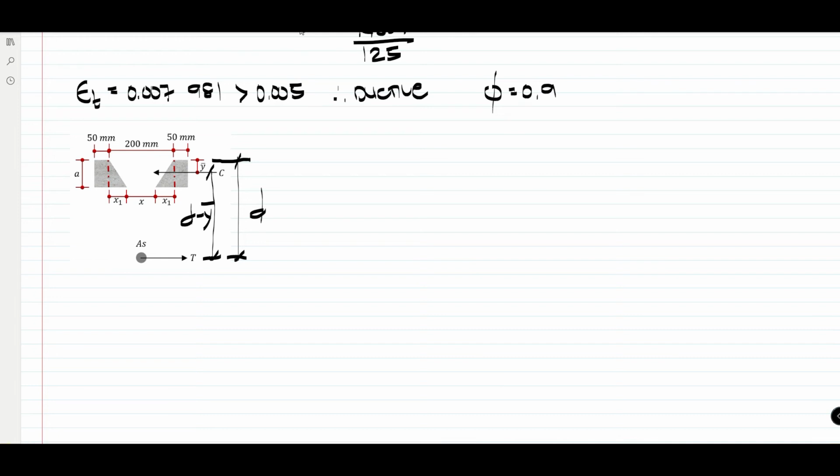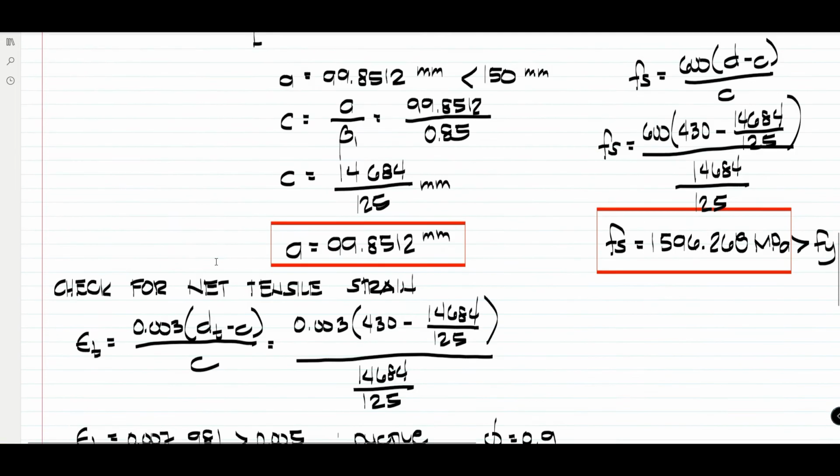kailangan muna nating mahanap yung mga values kagaya ng x at yung x sub 1 dito sa dalawang side. Kasi, hinati na natin ito sa triangle tsaka rectangle. So, yun yung kailangan nating mahanap. So, hanapin natin muna yung value ng x. Si x, yun yung equation 2 natin kanina, which is ito.